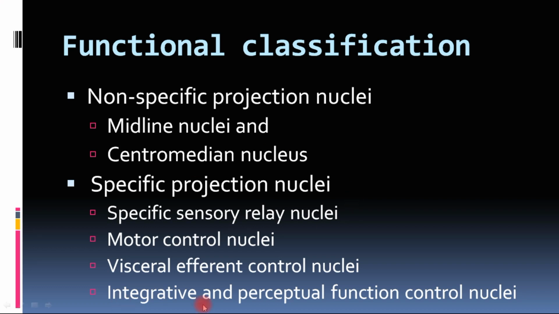So let us see which nuclei are included in non-specific and specific projection nuclei. We will further study the nuclei which are involved in the specific sensory relay nuclei, the motor function, the visceral efferent control, and the integrative and perceptual function.